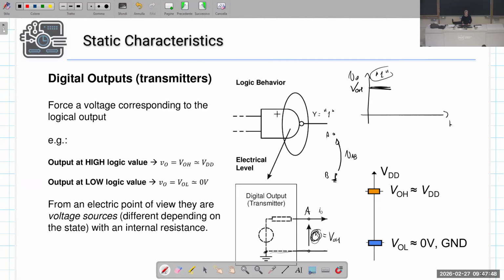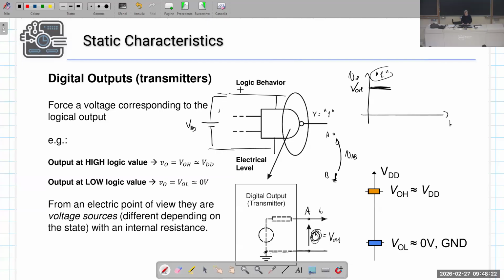Real-world digital circuits, besides the inputs and the outputs, also have connections to a constant power supply voltage, which provides the energy needed to perform the digital operations. So in the circuit representation, we always have a connection to the supply voltage VDD.